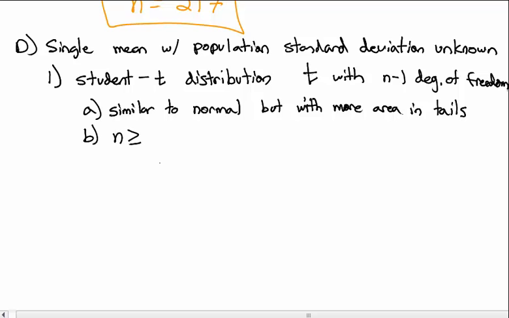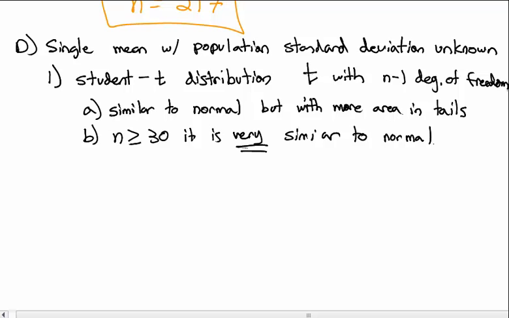It turns out, though, that as n is greater than 30, it is very similar to the normal distribution. In fact, this is one place where the book and I disagree in interpreting our statistics. If n is greater than 30, I prefer to use the normal distribution because it's actually just as accurate. The book and I disagree, and I'm not going to fight this one because it's not a big deal. You get the same answer both ways.